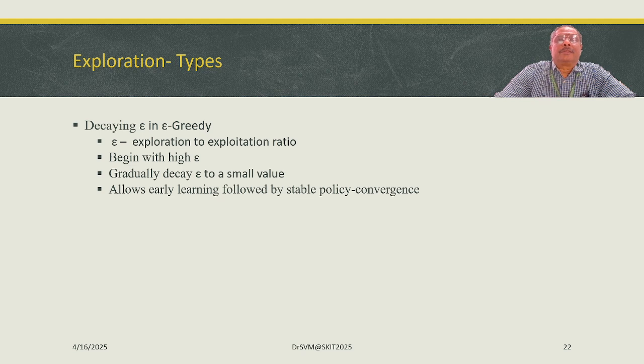So, as time passes, we prefer to exploit more and more rather than exploring. In the beginning, we have a good learning possibility because of exploration, but as time passes, we have sufficient knowledge about the system. Therefore, a stable policy can be created, and through this process, as we keep reducing the epsilon value, we are moving towards creating a stable policy. That means there is better convergence of the policy.